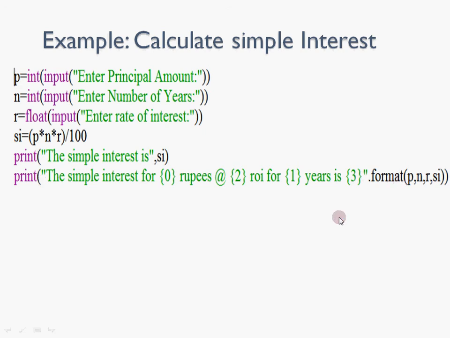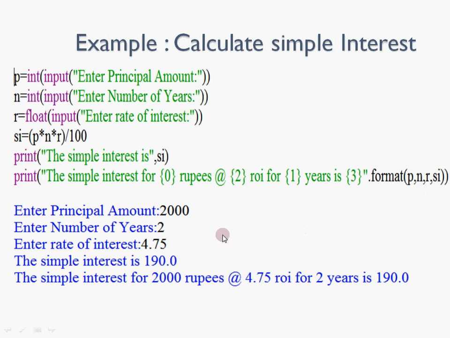So what happens is, in the position with this curly brace, the element here will get replaced. Since this is the second positional parameter, what is in the second position gets replaced. And this is in the first position, so N gets replaced. And this is the third position, so SI gets replaced. So this is using the format function.